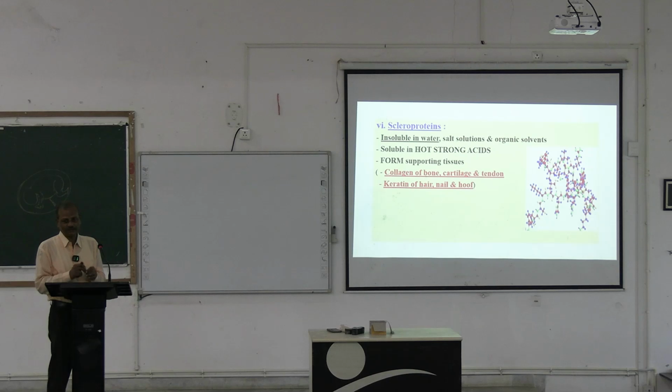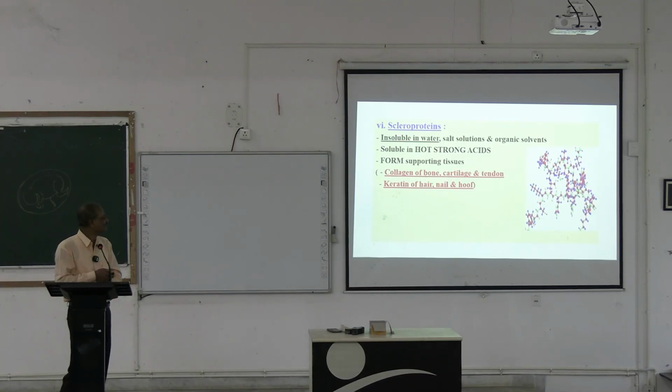So keratin is basically in nail and hair. So hair contains protein also. Many persons who have some form of hair fall or hair loss are also given proteins as a nutrient.